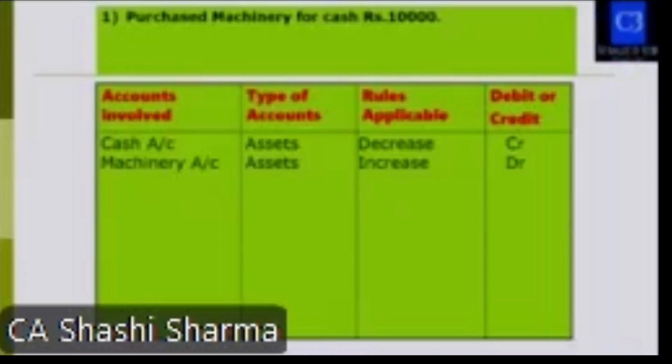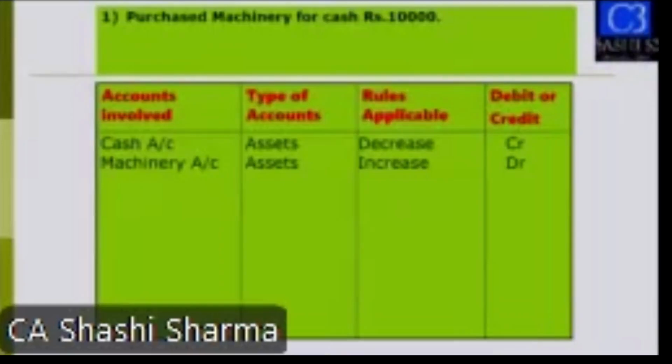By using the golden rules also, we arrived at the same debit and credit. Credit for cash, sorry, and debit for machinery.